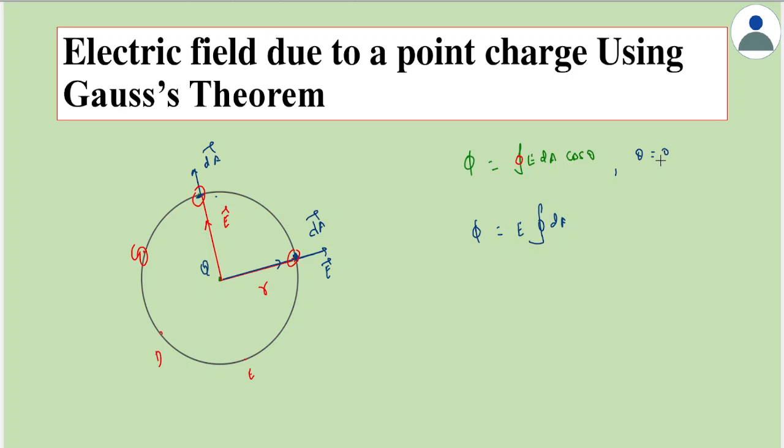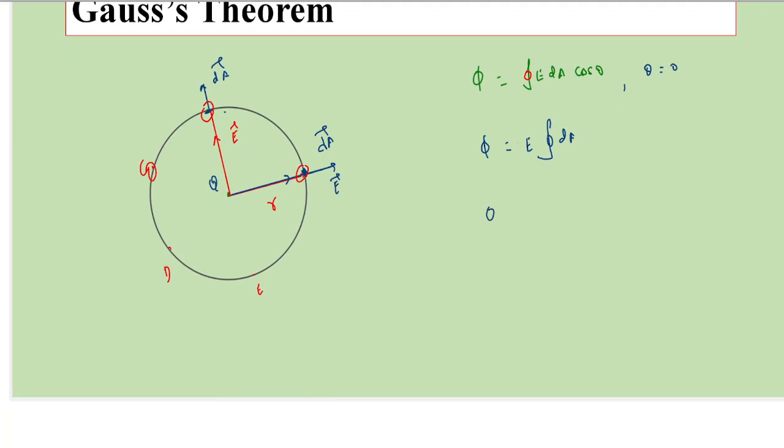Here theta is equal to 0, because for any region on the sphere the angle between the electric field and the area vector would be 0, and cos 0 is equal to 1. So the total electric flux is E into the total surface area, because we are integrating all the small elemental areas. So phi is equal to E into 4 pi r square. We will call this 1.